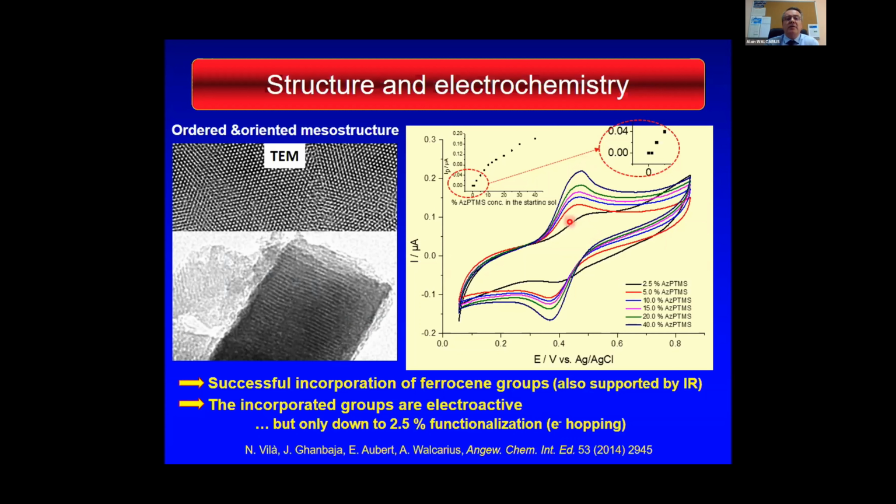And these ferrocene groups are electroactive. We observe intensity in the cyclic voltammogram which is directly proportional to the amount of ferrocene in the material, down to 2.5% of ferrocene in this film.